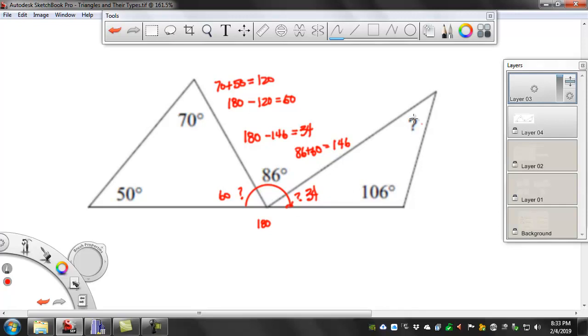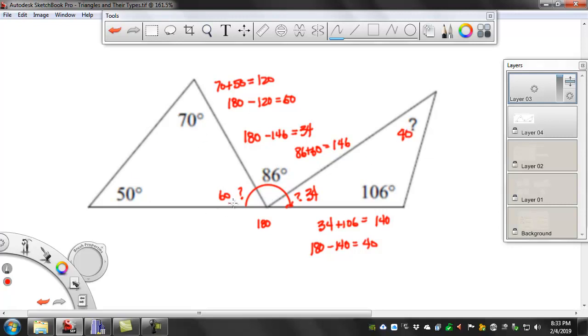Now I want to find the third angle here. I'll take 34 plus 106, which is 140. So 34 plus 106 equals 140. I'll take 180, subtract 140 from it, and that final angle here, I'll get 40.